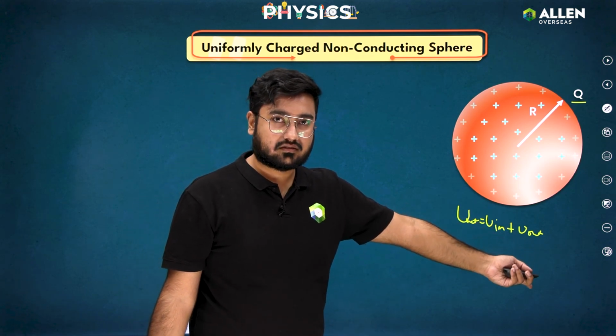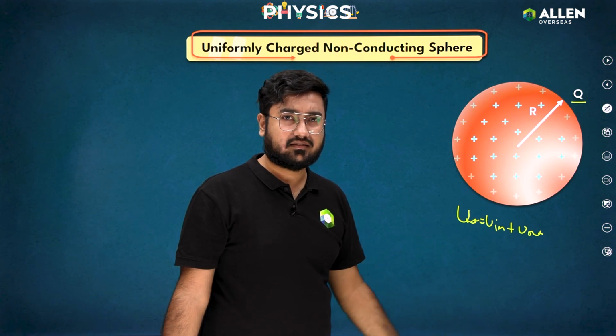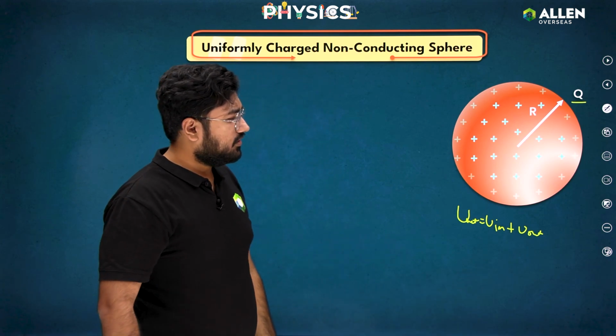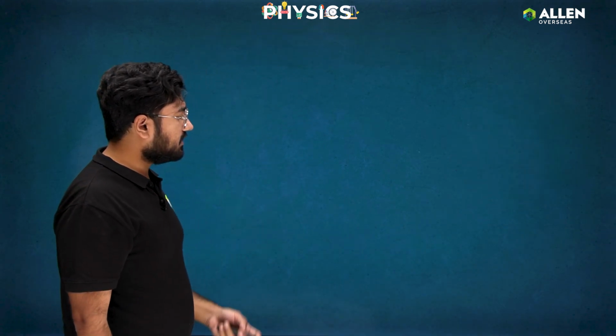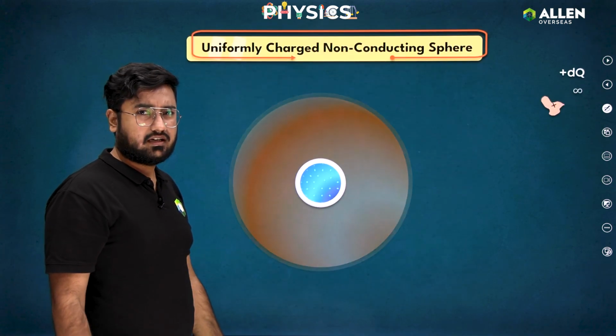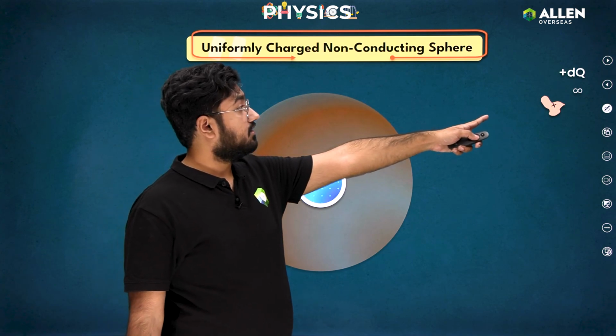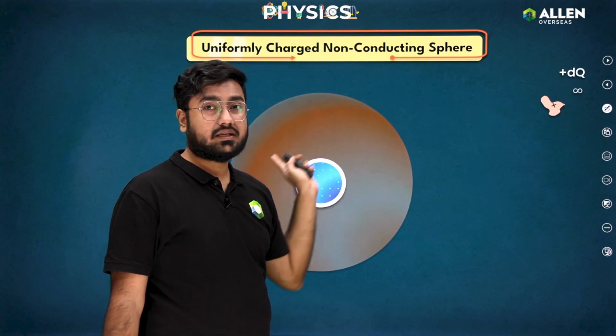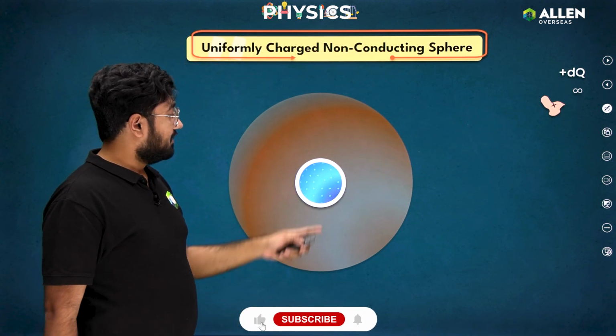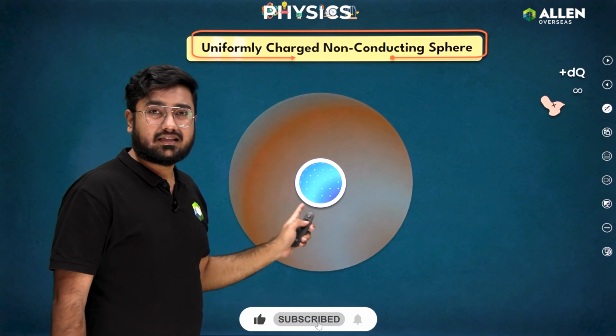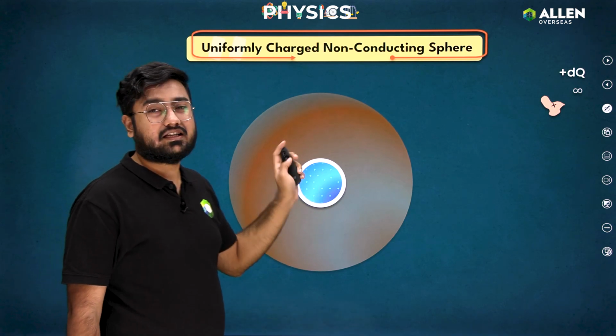You can proceed like this, or what you can do, you can consider this sphere and try to charge it, right? This is the sphere, this is the charge, keep on bringing the charge. So suppose this is the initial charge at any point.